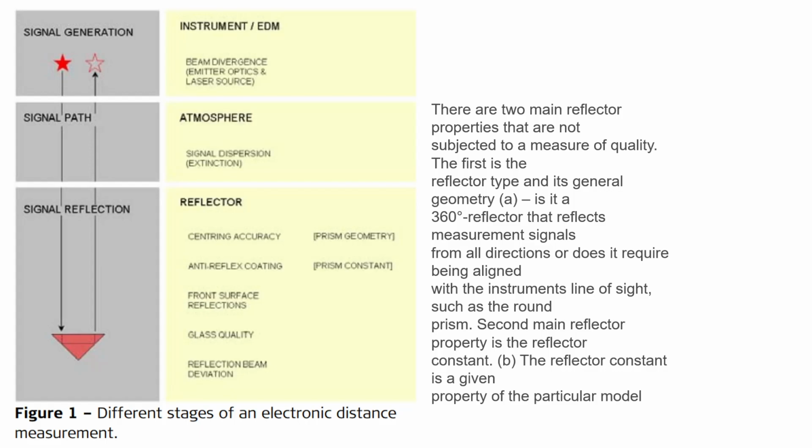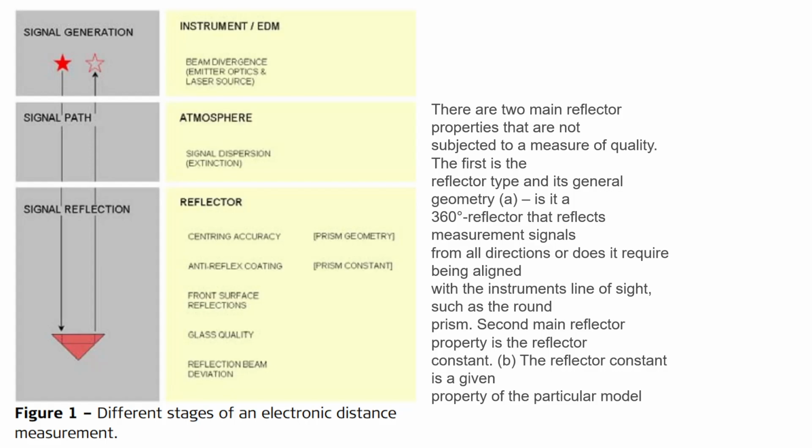There are two main reflector properties that are not subjected to a measure of quality. The first is the reflection type and its general geometry. Is it a 360 reflector that reflects measurement signals from all directions, or does it require being aligned with the instrument's line of sight, such as the round prism?